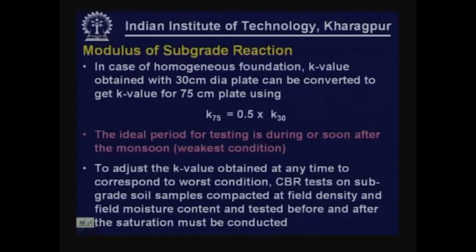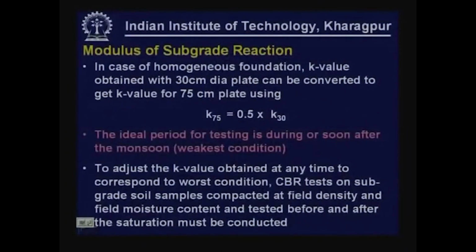To adjust the K value obtained at any other time, when the foundation is not in its weakest condition, to correspond to its worst condition, we can make some adjustments by conducting CBR tests on subgrade soil samples compacted at field density and field moisture content, and tested before and after saturation. So, we have to find out the saturated or soaked CBR value.